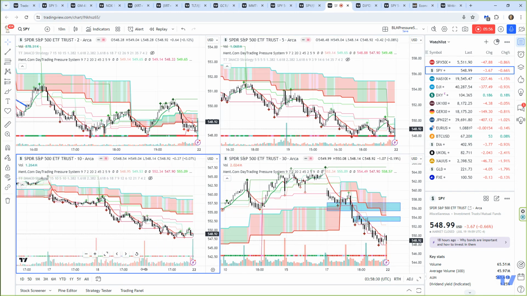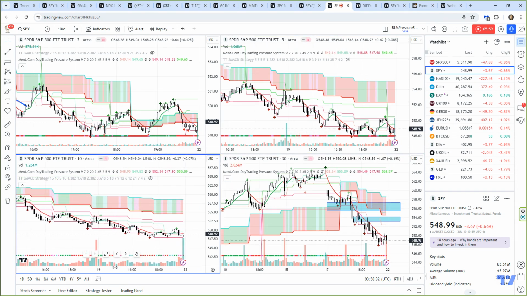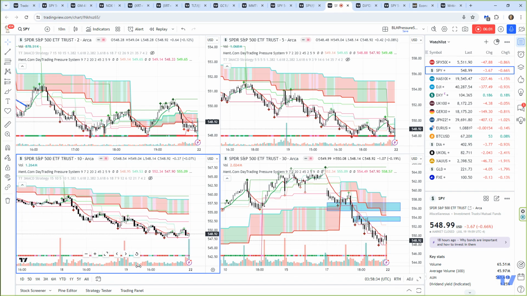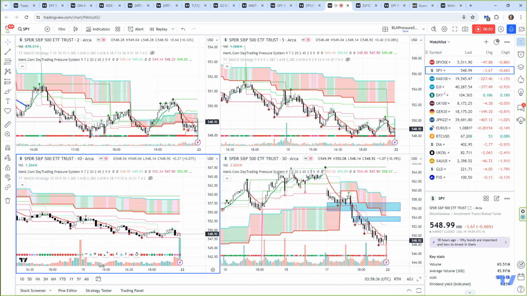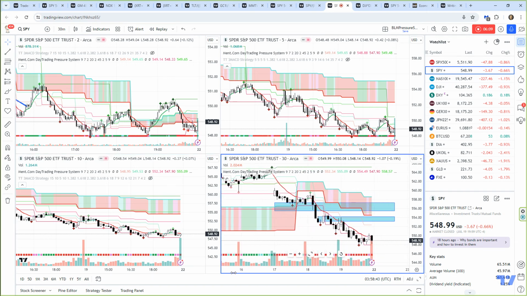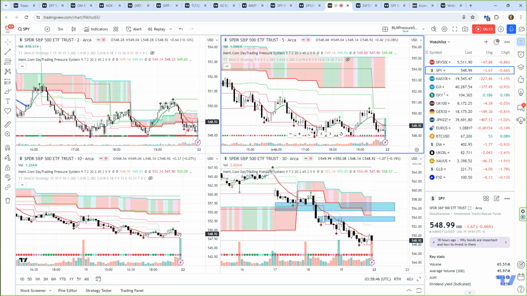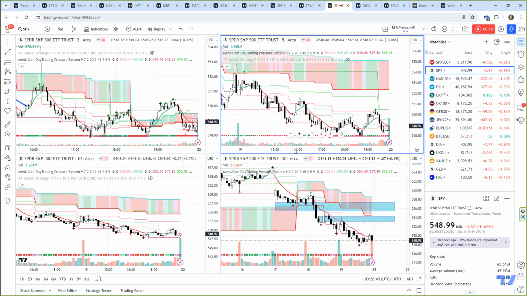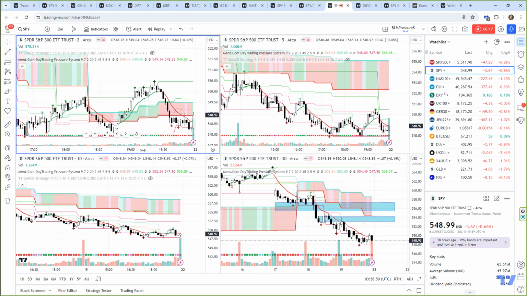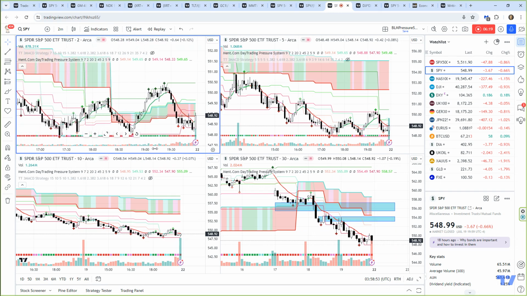I like the bigger blocks, so I want to see them bigger like that, but it condenses them before I get them too close. So there we go. And that's about as good as we're going to get.